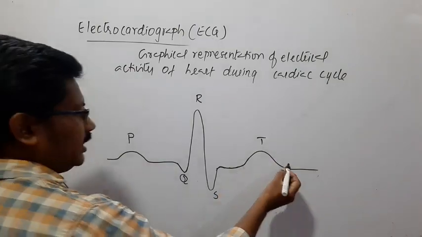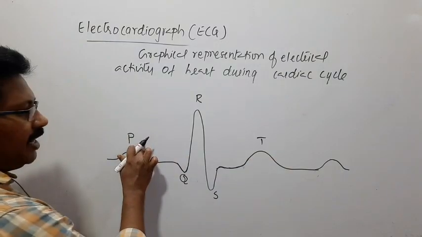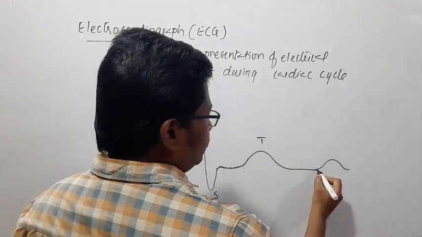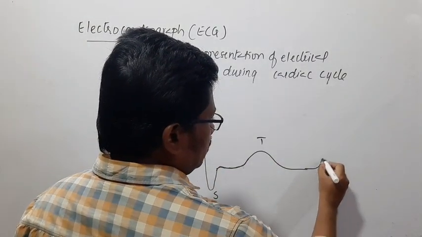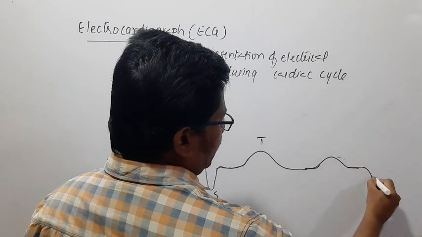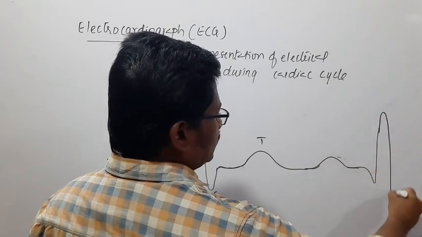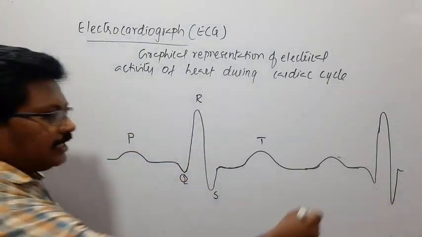So once this ends, again it starts with the P wave, and again the Q, and again the R, and it goes.